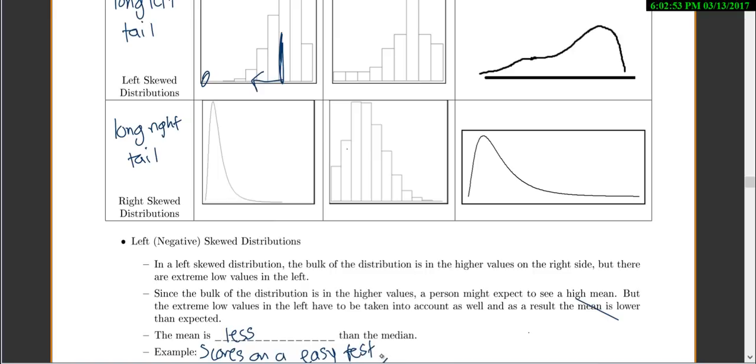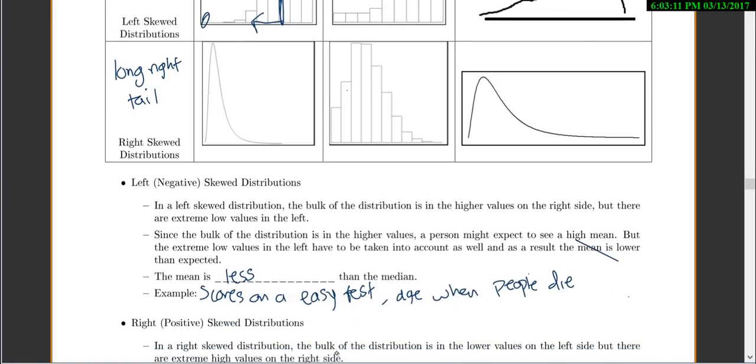Okay, someone said last time the age when people die, because most people will be in their 70s plus, but some people are dying as children or teenagers, middle-aged, etc. And so more scores are up high, and there's a few down low.